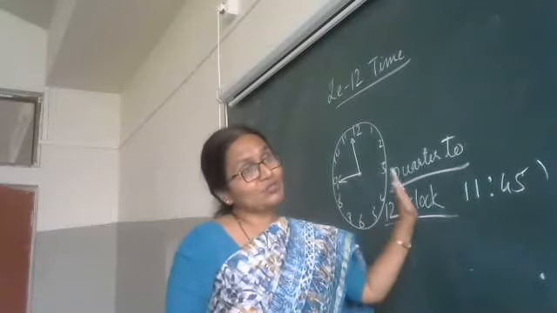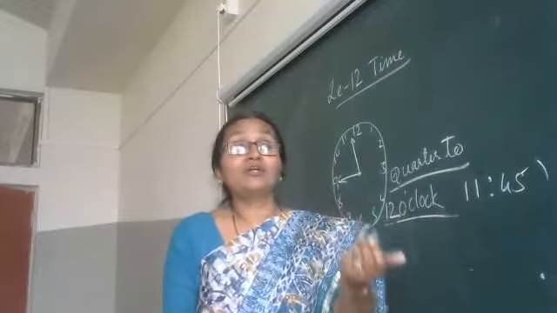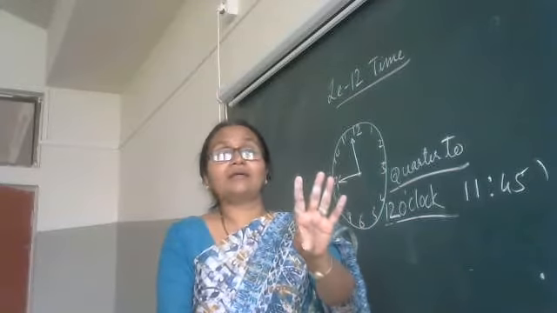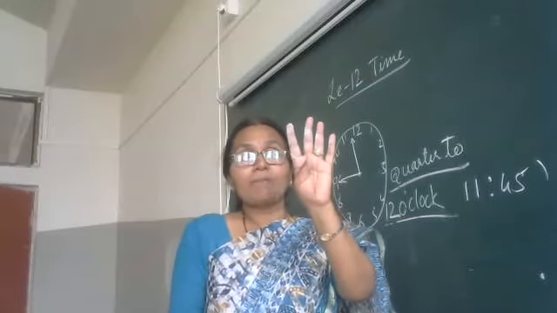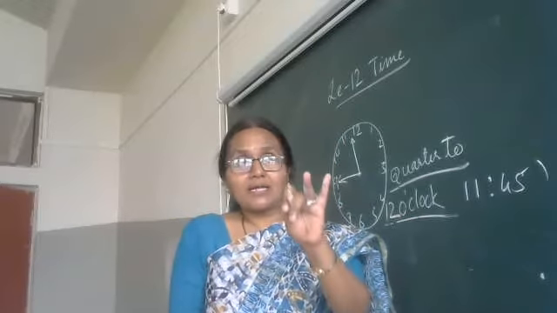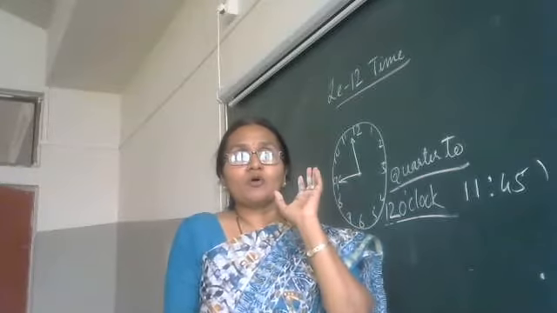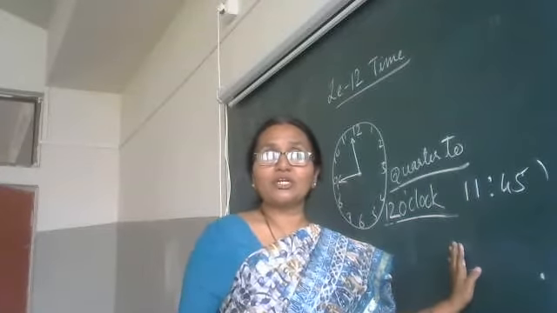Only try to understand and read the time: time past, that is quarter past, half past, and quarter to. That much you have to learn, the basics of reading the time. Okay, did you understand all of you?